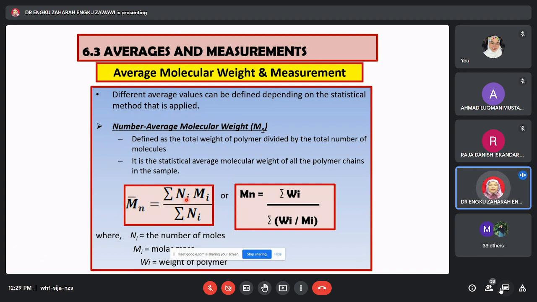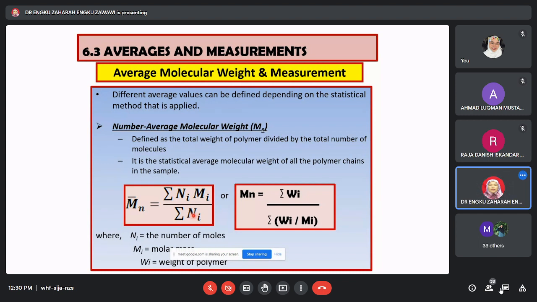the mass of the molecule, the mass of the molecular weight. So kita ada M lah, represent by M. So kita ada M1, M2, M3 and so on. So to measure the average molecular weight Mn, so it's the summation of the Ni kali dengan Mi bahagi dengan jumlah of Ni.